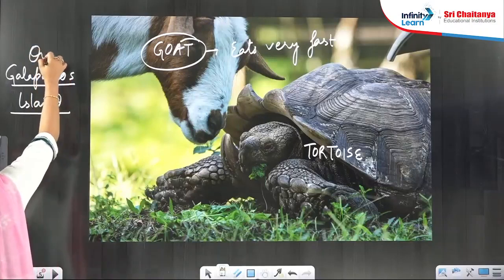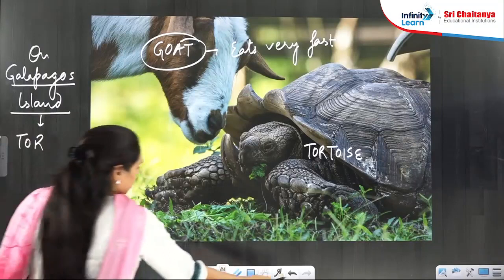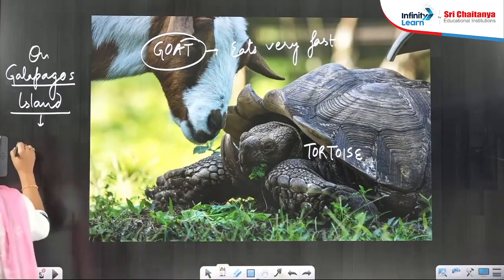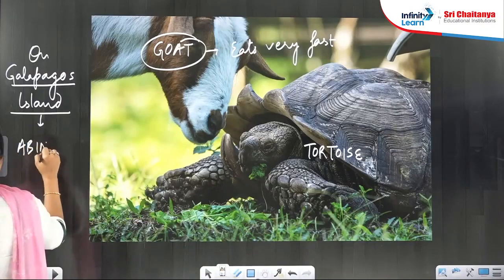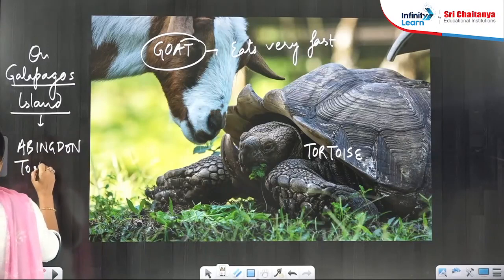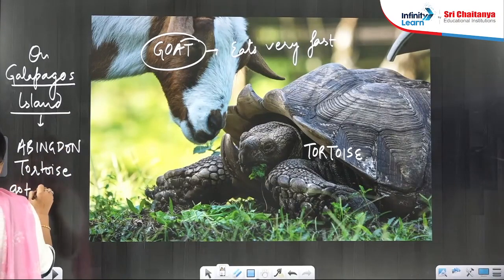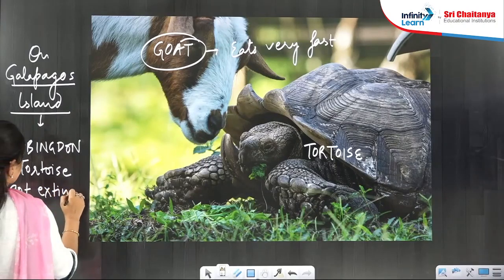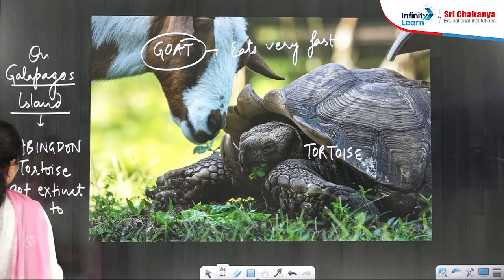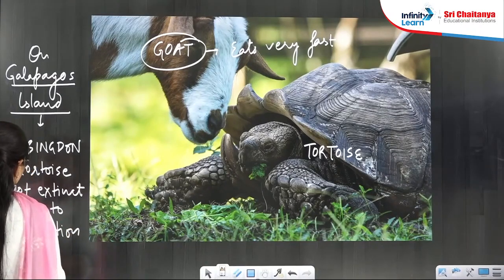On Galapagos Island, the name of this tortoise is Abingdon tortoise. Abingdon tortoise got extinct due to competition with goats, beta.